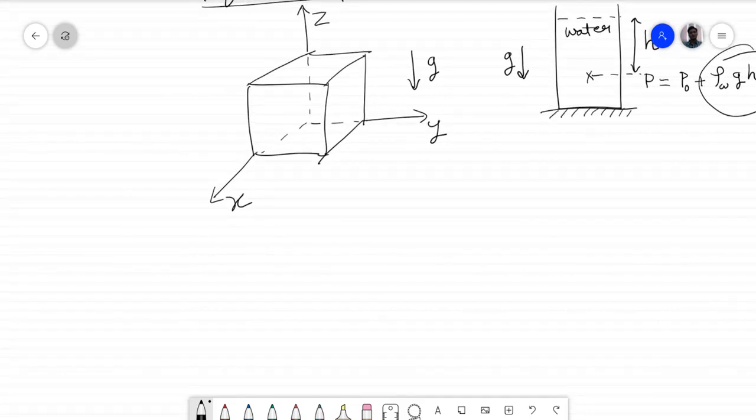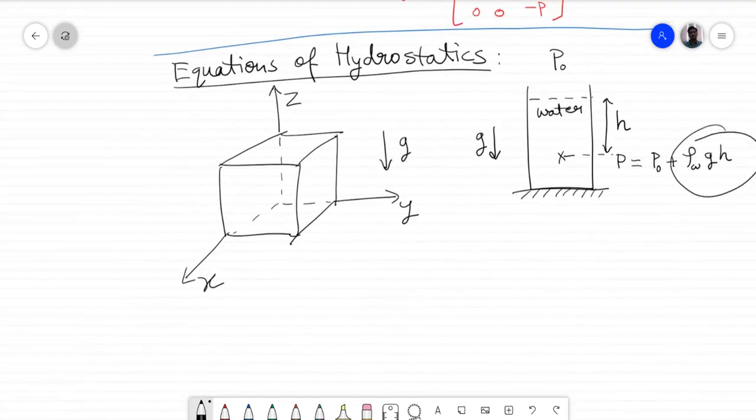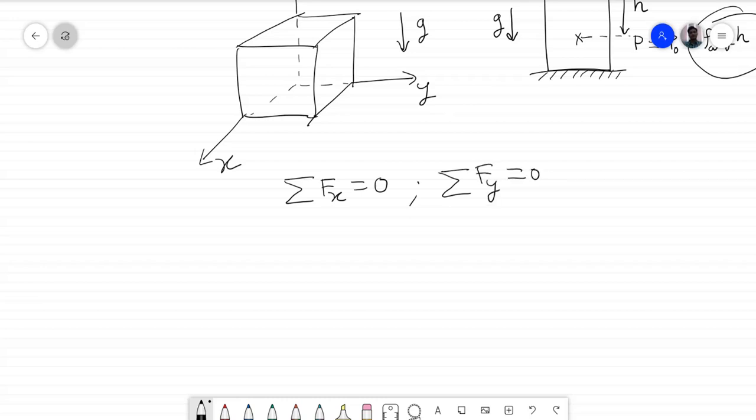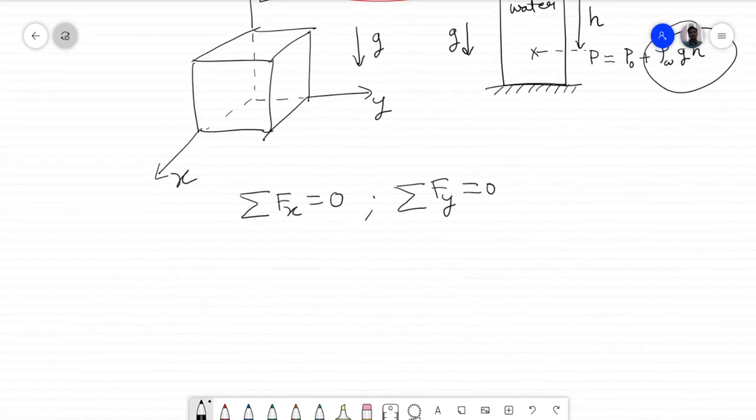Now because we are talking about hydrostatics, we can apply equations of equilibrium, which are summation fx is 0, summation fy is 0. So all the forces, the resultant in the y direction, x direction and the z direction, the resultant of all forces are 0 in these individual directions.